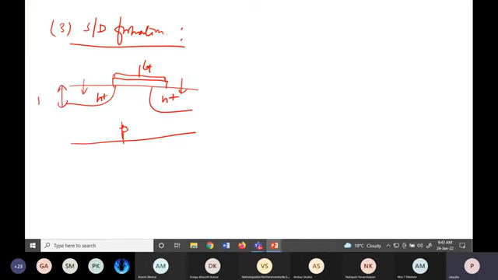And this is your xj, that is junction depth. In every newer process node, you reduce xj, right? As you reduce xj, the resistance associated with source and drain will increase.